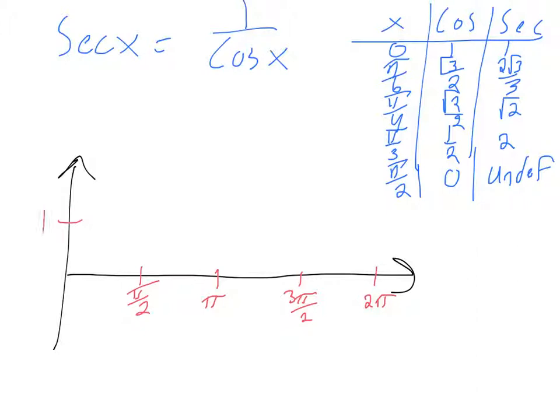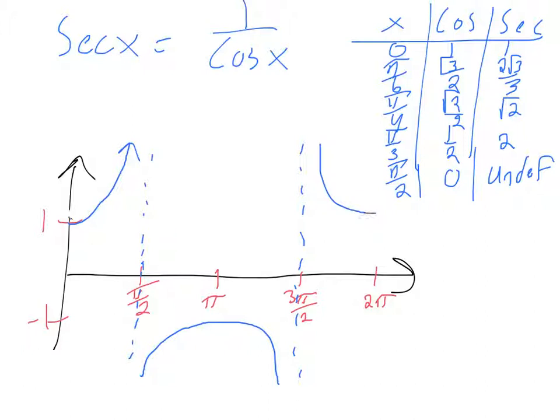So once again, I'll mark off 1 and -1. This one actually starts at 1 and then starts climbing, getting larger and larger and larger until we have a vertical asymptote at pi over 2 like we saw. So it's sort of going to look like this. Right, and then it's going to come from down here, hit -1, come back up there, and then it will go down here and then hit -1 again.